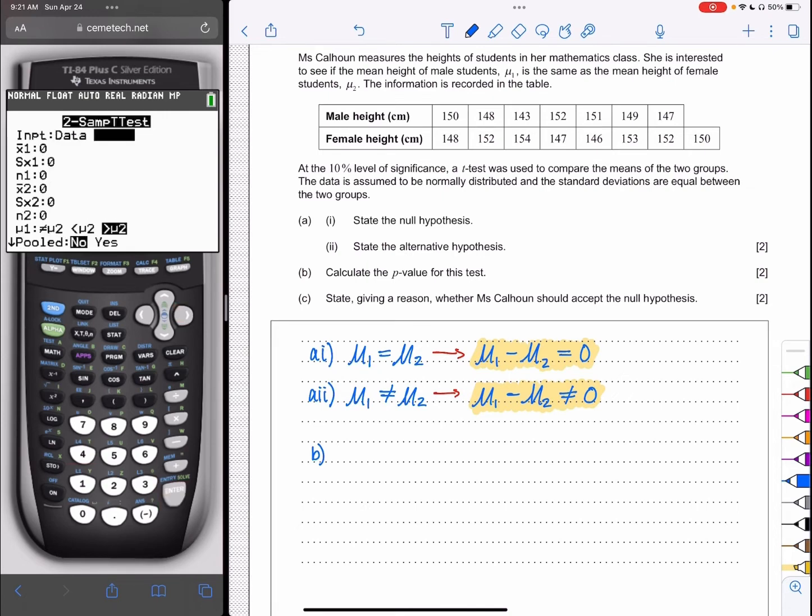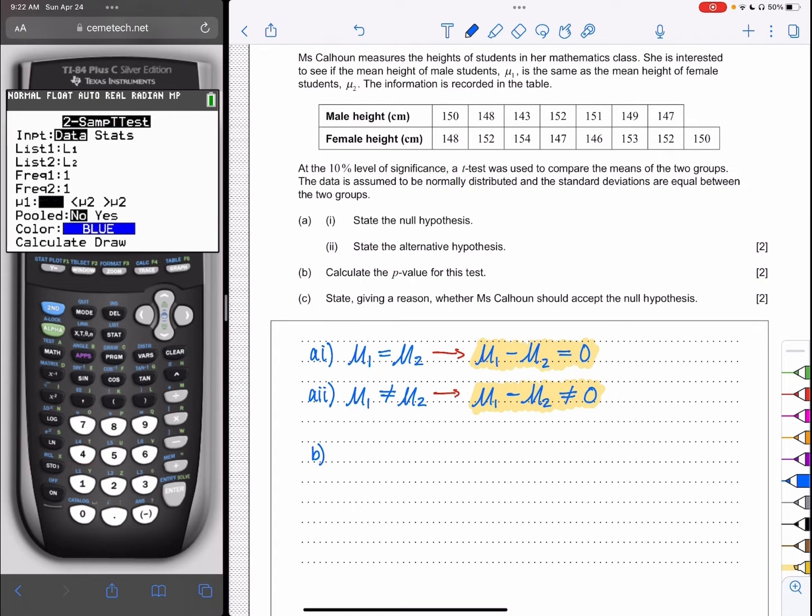We're not doing stats because they didn't tell us the information. We're putting in our data. We know that our list 1 came from L1, our list 2 came from L2. We already know that the frequencies are 1. And then it's telling us that we want to figure out what our alternative hypothesis is. So our alternative hypothesis is that mu sub 1 is not equal to mu sub 2.